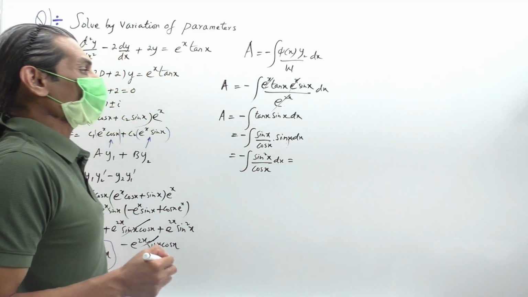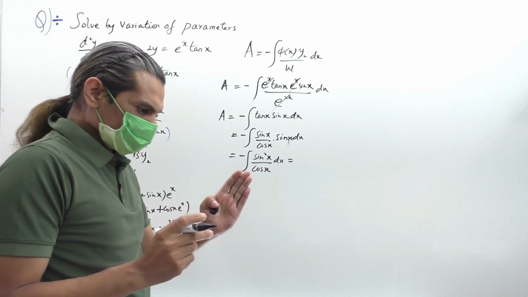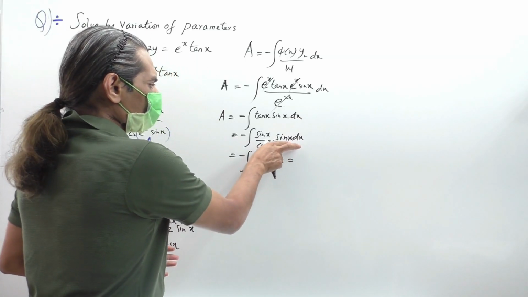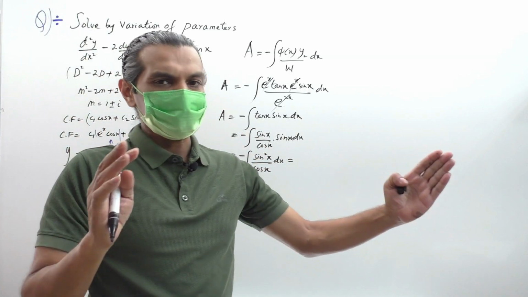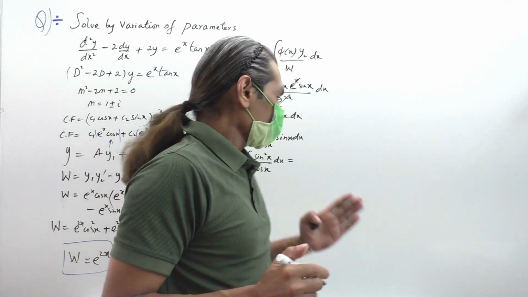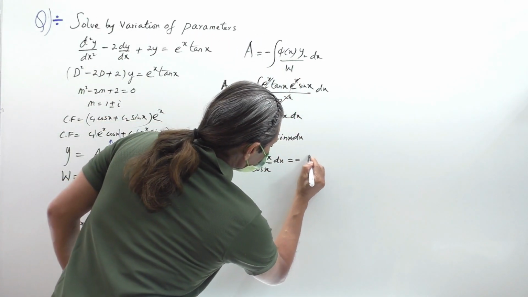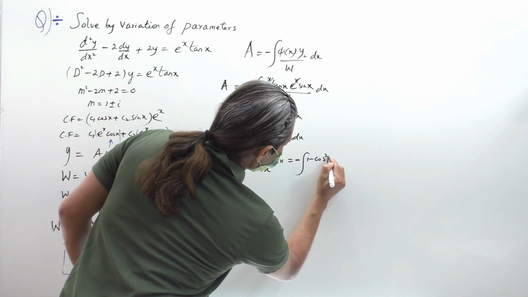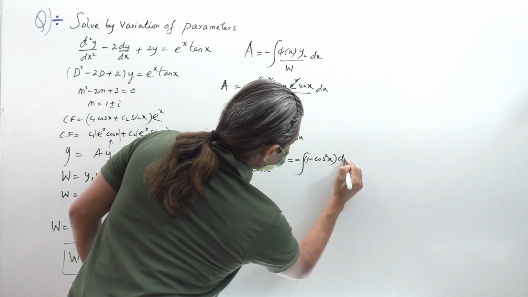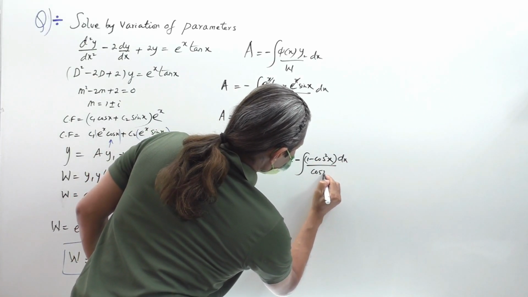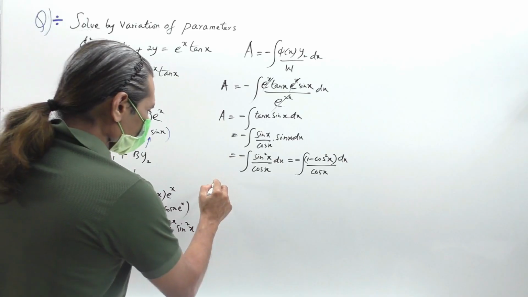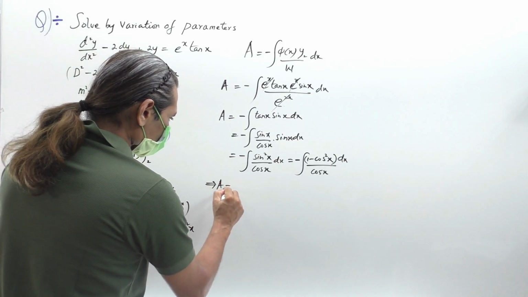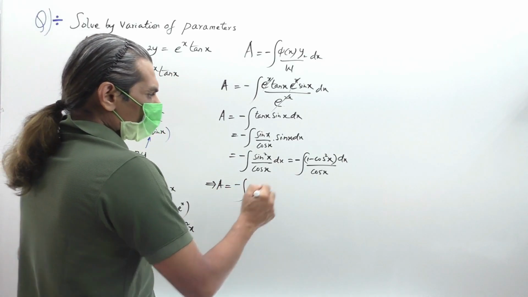Our main aim in solving the integration problem is to separate so that I can get standard forms of integration. So, sin square x is nothing but 1 minus cos square x, by cos x. Now, we can separate.